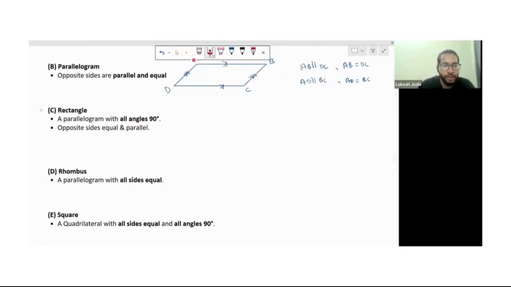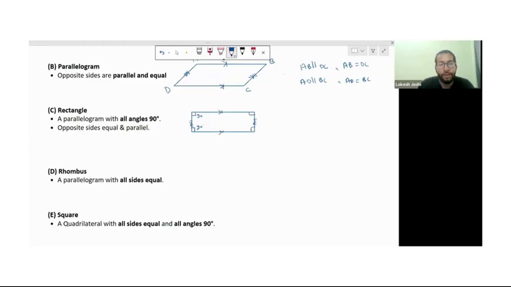Now the next one is the rectangle, and I hope all of you already know about this from before. We can define a rectangle as a parallelogram with all angles 90 degrees. Suppose in this parallelogram, if I make it like that, then opposite sides are equal, they are parallel also, and each angle is equal to 90 degrees.